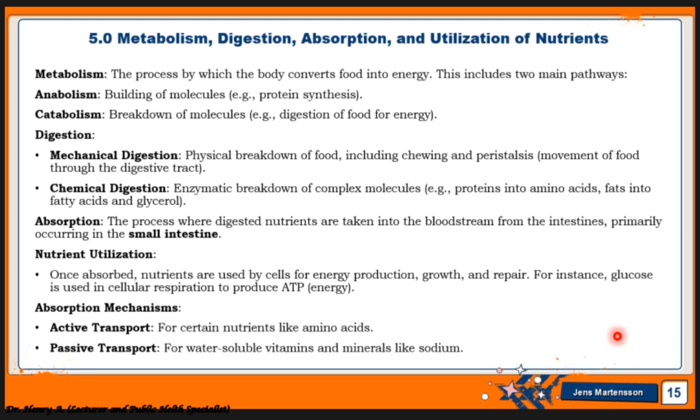You have the mechanical digestion, and that is the physical breakdown where you chew and then you have churning in the stomach. You also have the chemical digestion, which is enzymatic breakdown of food, from complex molecules to simpler, smaller molecules. So you have protein breaking down to amino acids, and fat into fatty acids and glycerol. You also have carbohydrates broken down into simpler sugars.